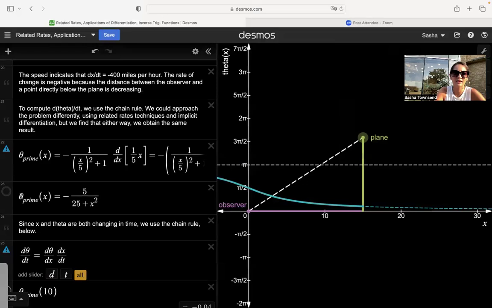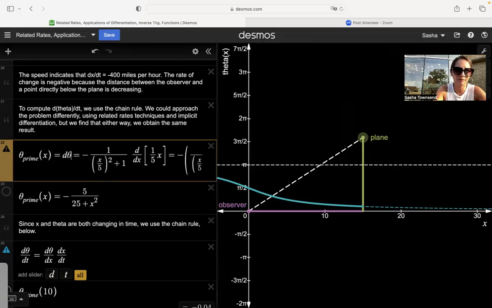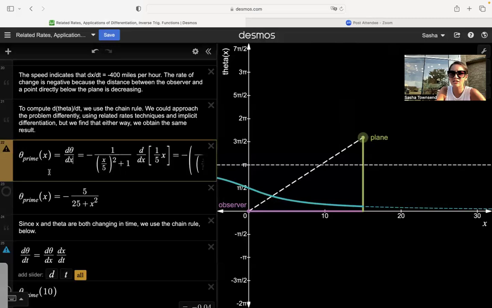So if I have d theta dx, which is another notation for this, this is the change in theta as x changes. That is a change in theta as x increases at a particular point. If x happens to decrease, this change in theta with respect to x is going to have the opposite sign.